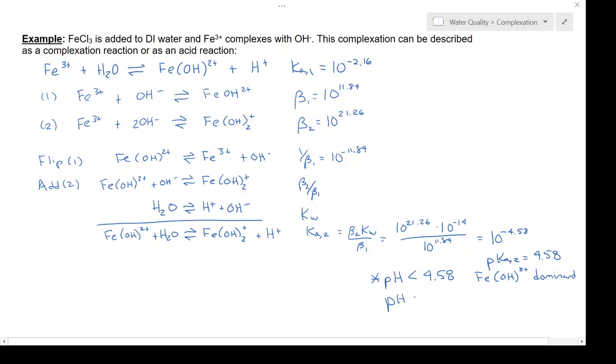And where the pH is greater than 4.58, the base form, Fe(OH)2+, is dominant. We're only considering these two species here. If we slide up or down the pH scale, we'll have to include other species, but we're only considering these two species here.